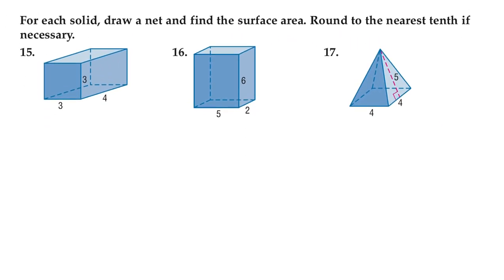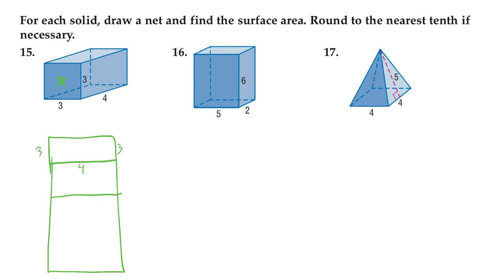These are fun. Okay, for each solid, draw a net. So I'll do it vertically this time. I'll consider this one as my base sticking out, and I'll do the lateral faces. So we have the 4 across, and so we have a 3 and a 3, and another 3 and a 3, and another 3 and a 3. So all of these are 4.